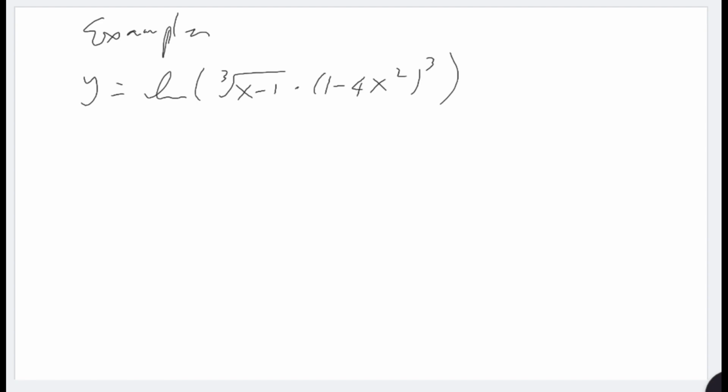Okay, so we have clearly a very scary looking log. y equal to log of a product of things, right?